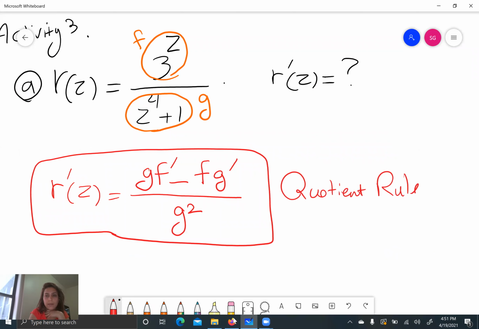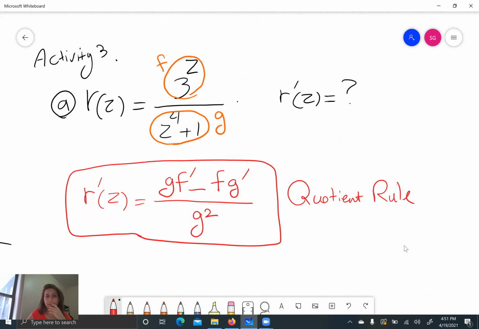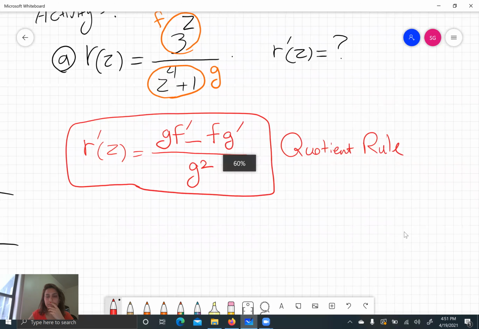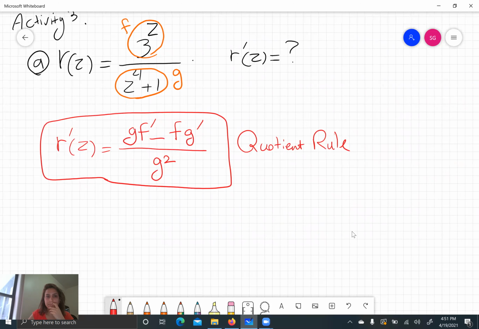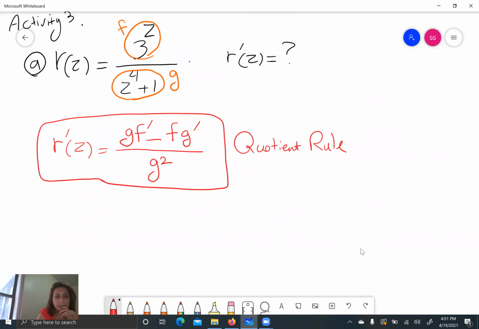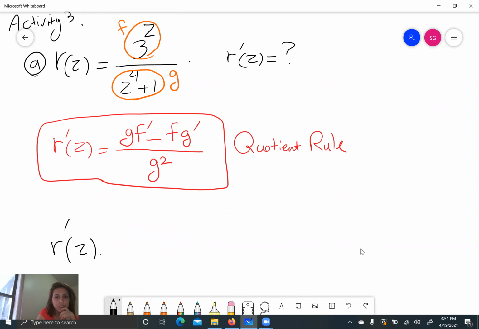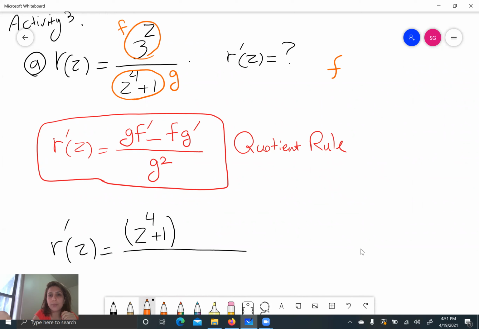Okay, so now let's do it. R prime of Z is G, copy the function in the numerator, times F prime. What is F prime, by the way? Let's calculate F prime here.